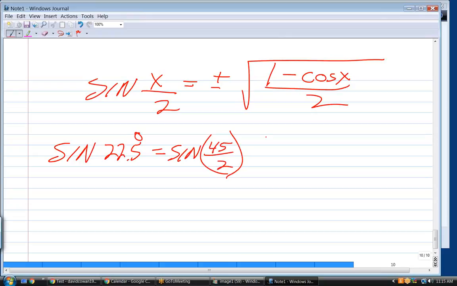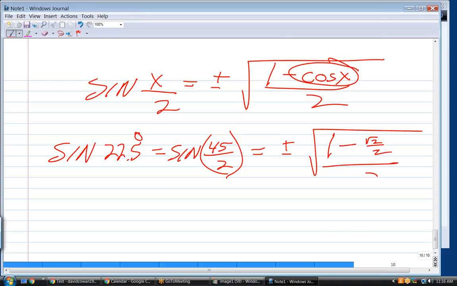So you get the sine of 45 degrees and divide that by 2, and the only thing I need is the cosine of 45 degrees. This x is the numerator. So it's equal to plus or minus the square root of 1 minus the cosine of 45 degrees, which is square root of 2 over 2. There we have our answer.